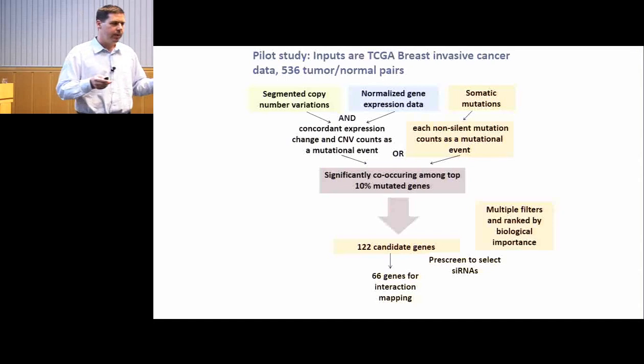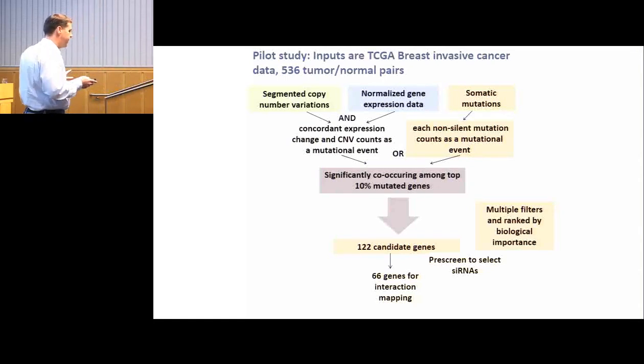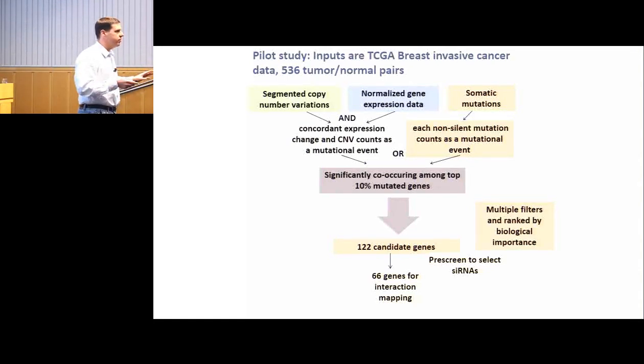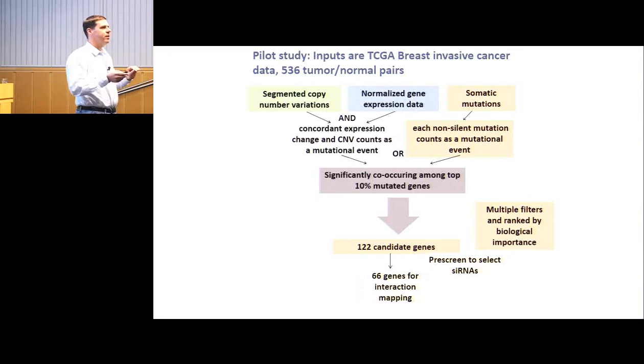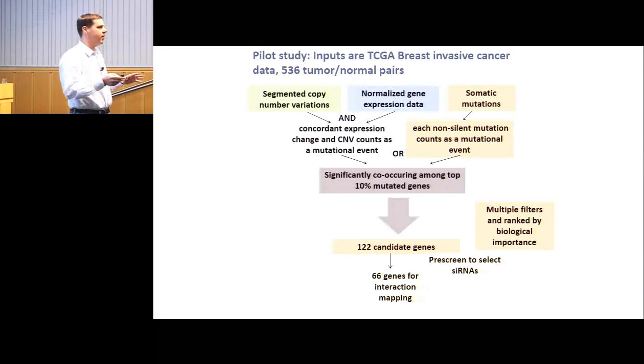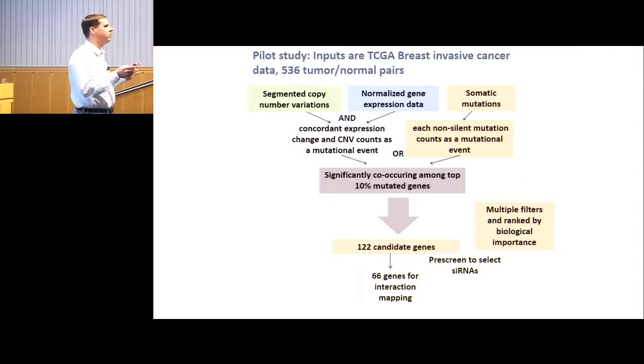We thought one way we might be able to use all this data is to ask the question, what genetic alterations are happening together in the same patient, in enough patients so that you're able to get statistical significance of this happening more than by chance. So if you have gene A and gene B, that they're co-occurring in the same patient multiple times in multiple patients, okay?